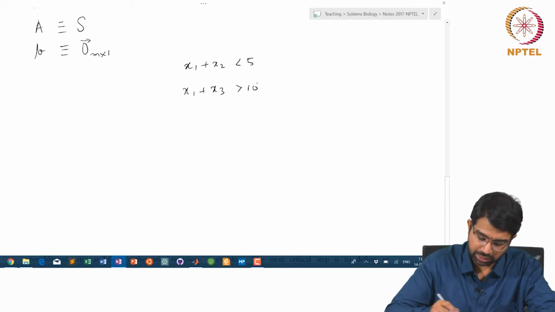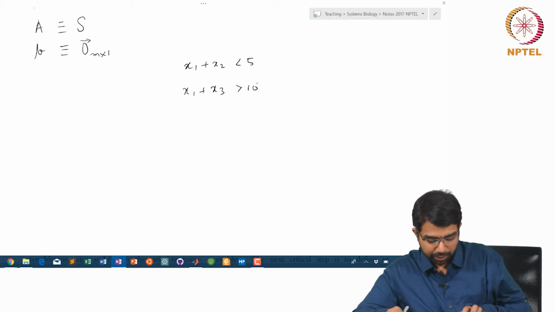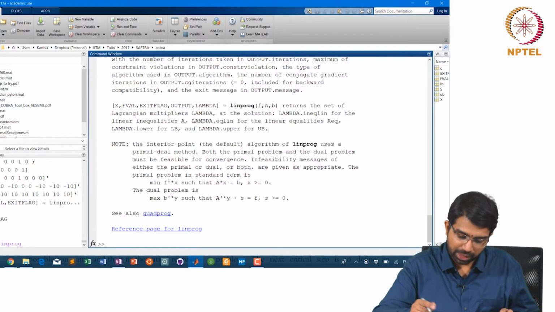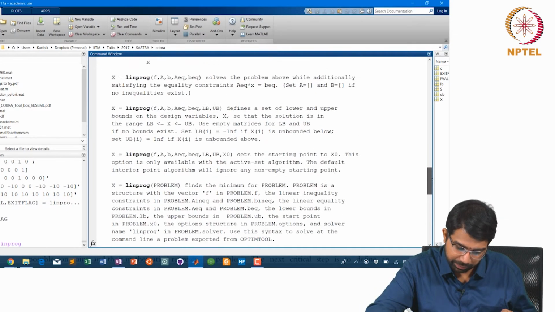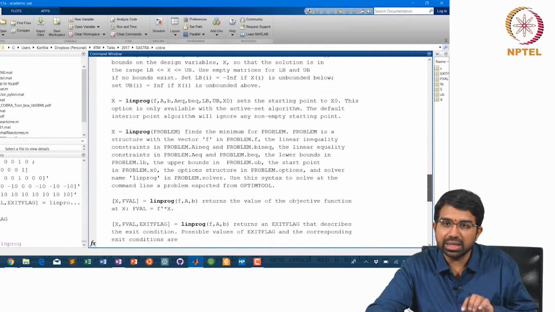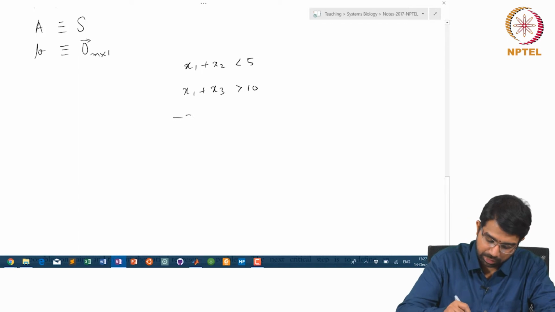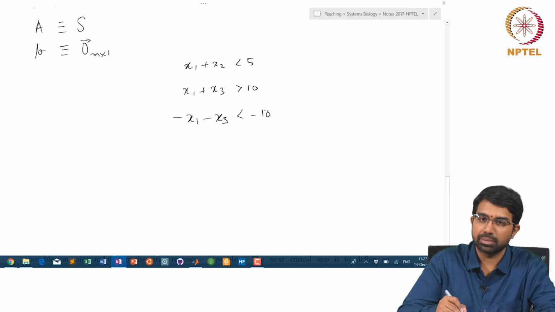Right. So first, let's look at the MATLAB help. I think the constraints are in one direction only: Ax less than or equal to b. So the greater than constraint, you change it: minus x1 minus x3 less than minus 10.